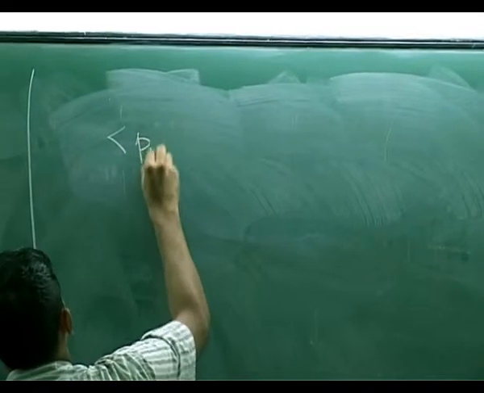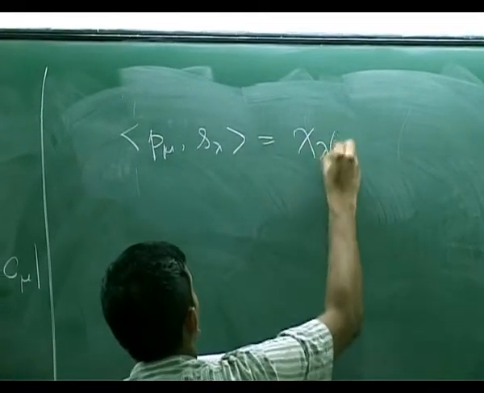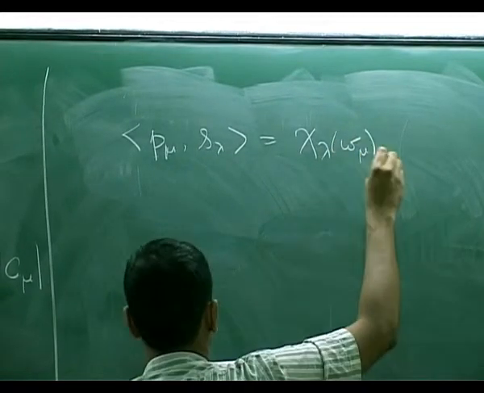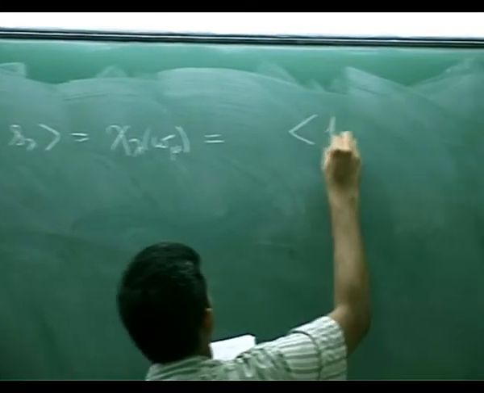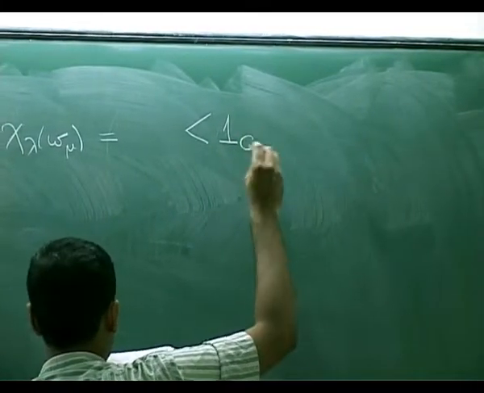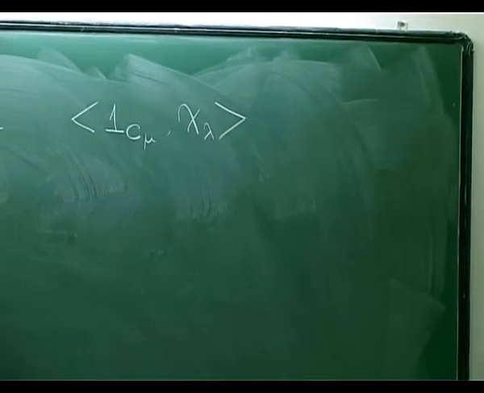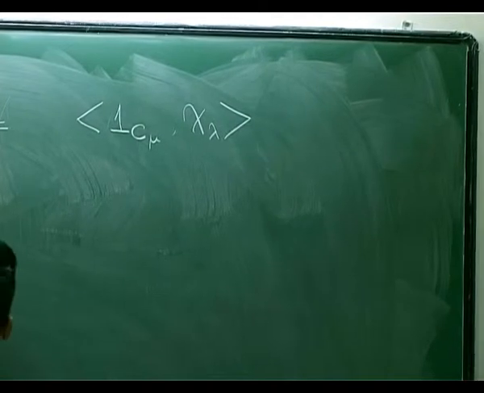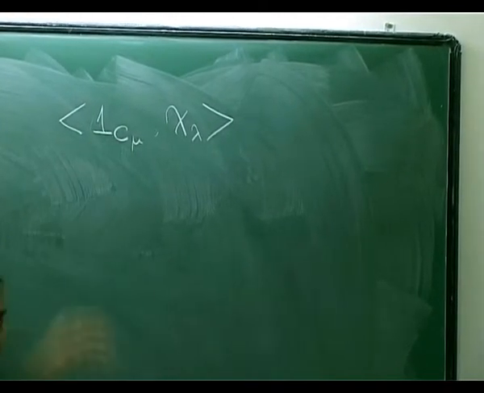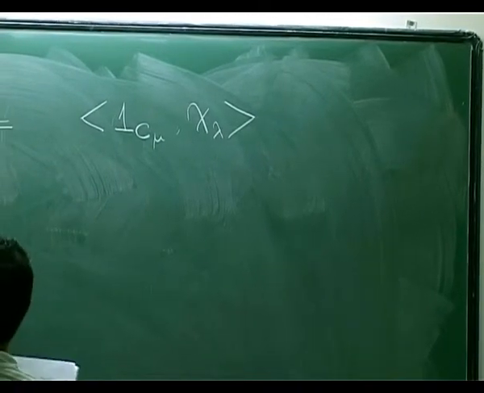So p_mu, s_lambda is equal to chi lambda of w_mu, which is equal to, so if you take the characteristic function of the class of mu and take its bilinear form against chi lambda, then you don't quite get chi lambda of w_mu, because you're adding over the whole class. And the thing is anyway divided by n factorial.